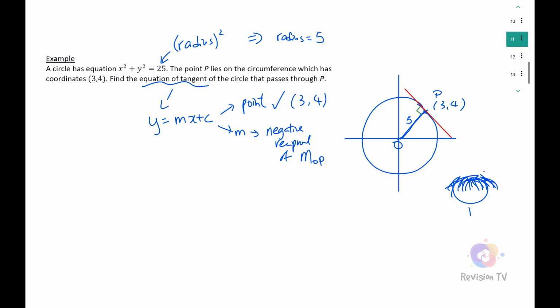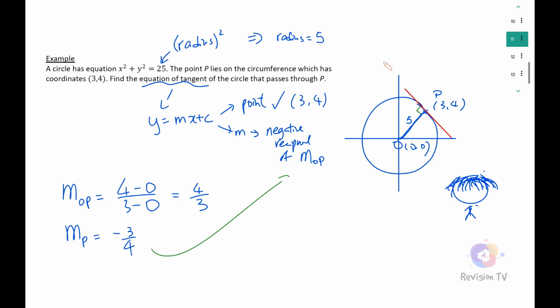Anyway, the gradient of OP: this point is 0, 0, so it's 4 take away 0 over 3 take away 0, which is 4/3. So the gradient of the perpendicular will be the negative reciprocal. So flip the fraction, put a negative. So now we have our gradient, which is negative 3/4.